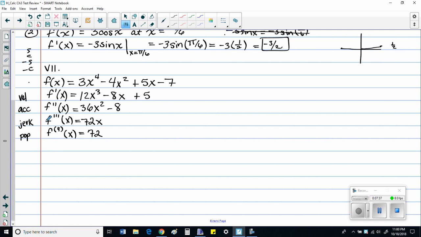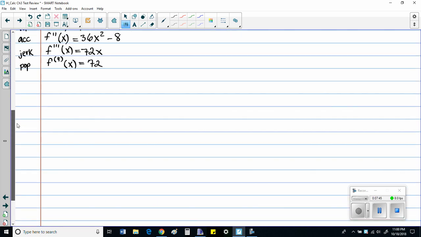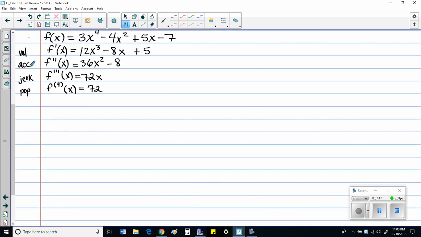I'm going to have to Google that. I can't remember. Anyway, this is as far as you really need to know. Velocity and acceleration. These were just for funsies. All right. Nerd jokes. Don't be an F triple prime.